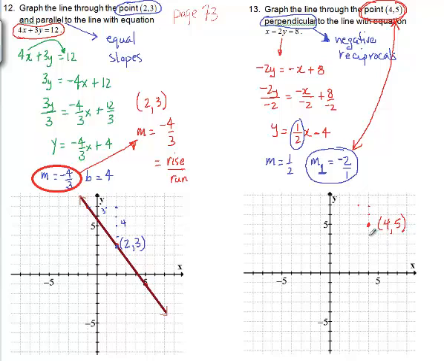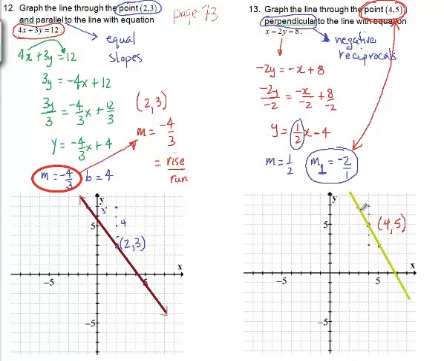Or I can go down 2 and to the right 1. Either way, there's the 3 points I'm going to join. I'll get my line drawer here, and we'll draw that line. And there's the line that passes through. So that's the solution to number 12.